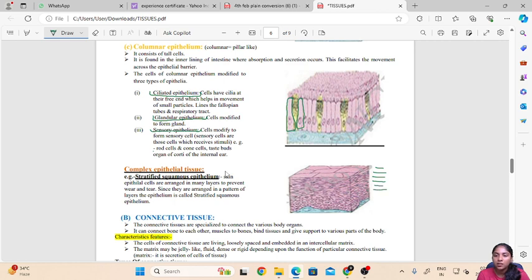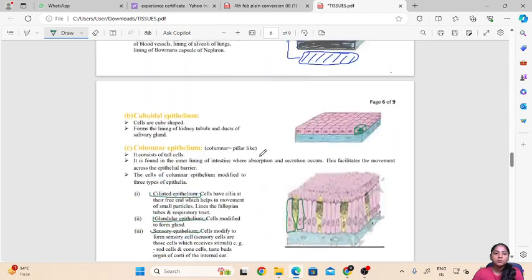As we can see here, it is arranged in many layers so that the organism can be protected from wear and tear. Now the skin epithelial cells are arranged in many layers to prevent wear and tear. Since they are arranged in a pattern of layers, the epithelium is called stratified squamous epithelium. So this stratified squamous epithelium is the skin tissue.